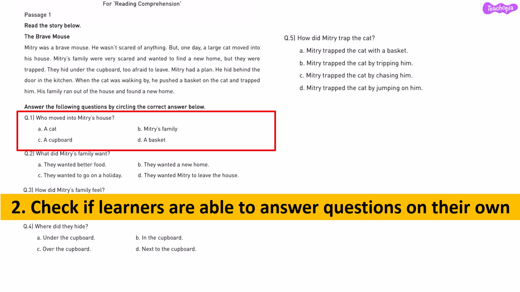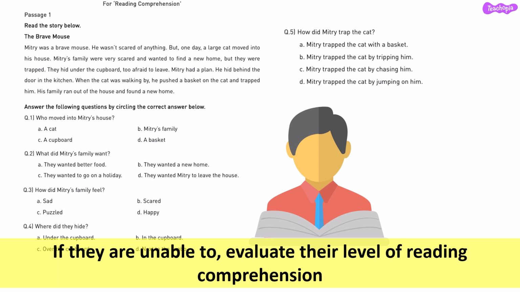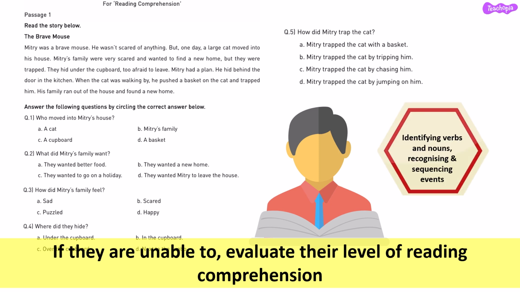Number 2. Check if learners are able to answer questions on their own. You can test this by watching how the learners answer a few questions given under the reading comprehension section. And if they're unable to evaluate their level of reading comprehension, you can assess their reading comprehension level by checking if they're able to identify simple verbs and nouns and therefore understand events in a story and the sequence of events in a story.